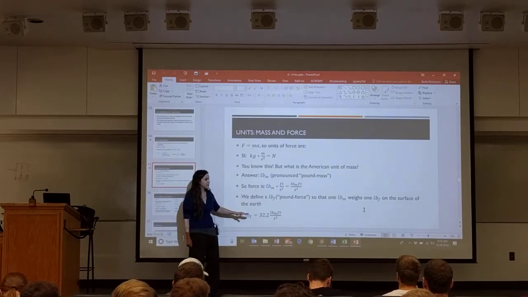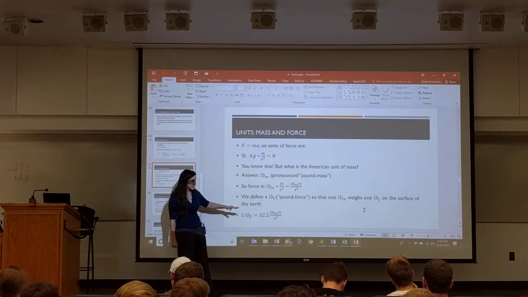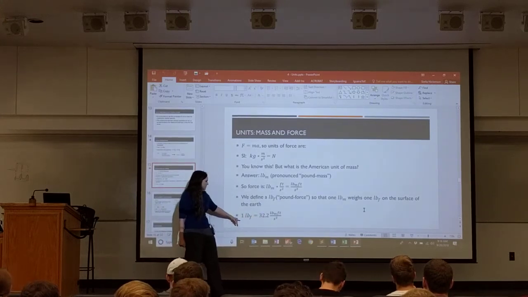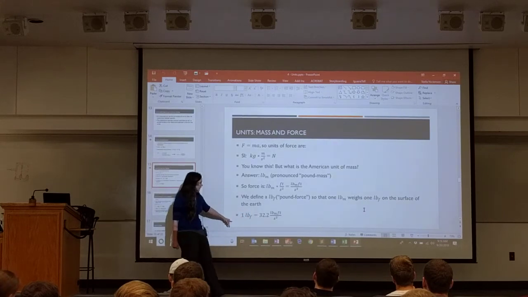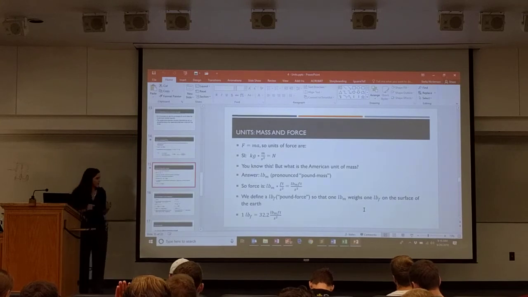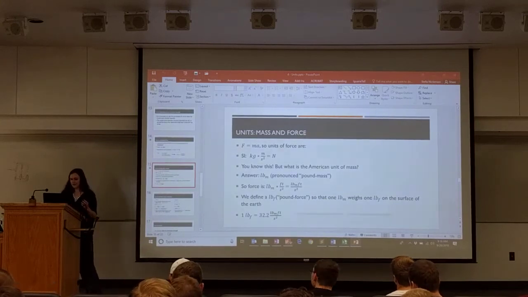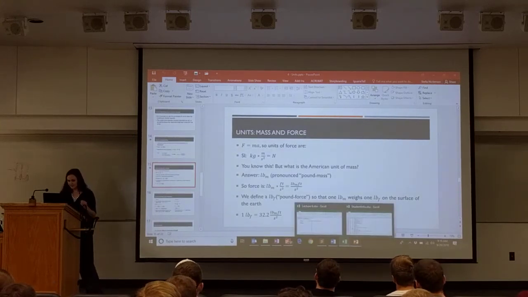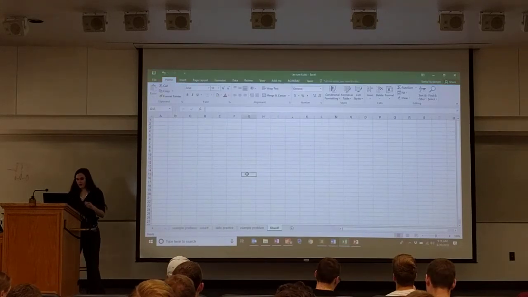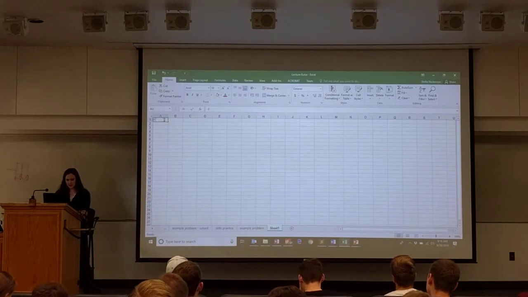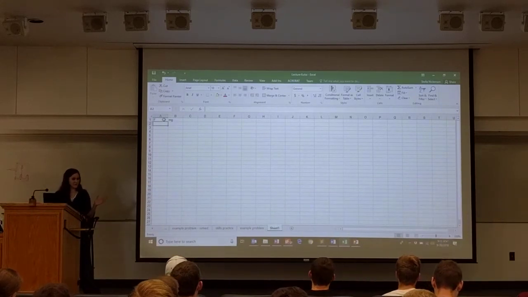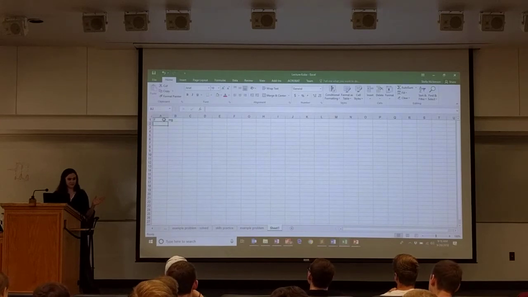What that means is that if you are doing conversions or math with it, you have to use this right here. I will show you on Excel, since today is about Excel actually. So, force is equal to mass times gravity, or mass times acceleration, but we're talking about mass times gravity for weight, right?